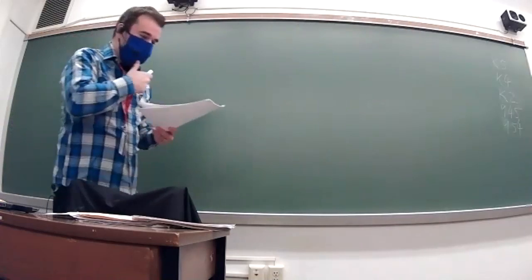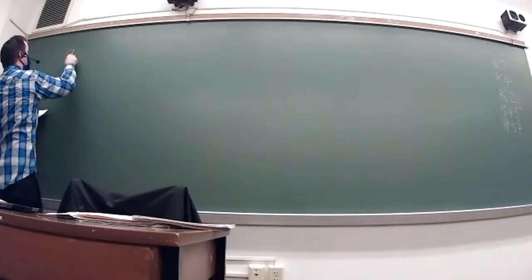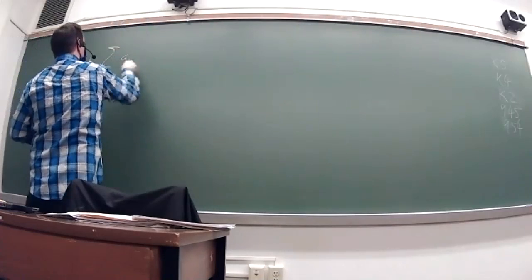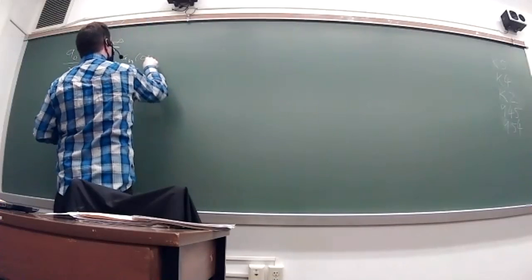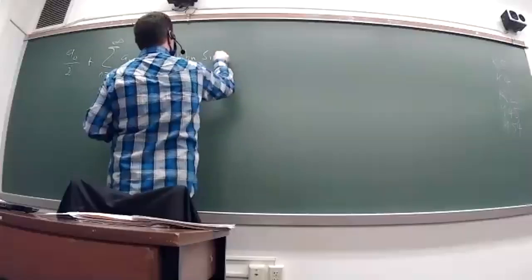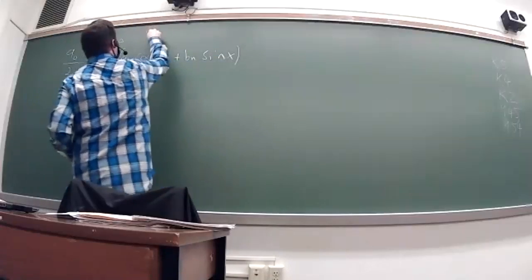So what we've been looking at are series that look like this: a naught over 2 plus a_n cosine nx plus b_n sine nx. And these are the classical Fourier series.